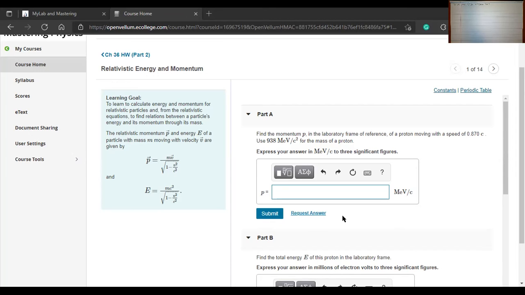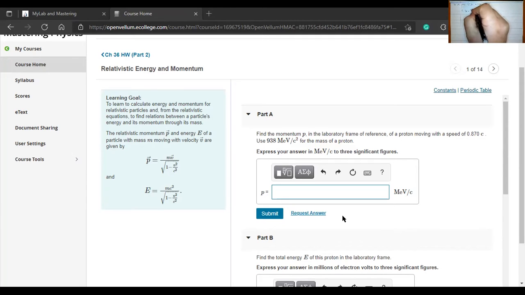So it says part A, find the momentum P in the laboratory frame of reference of a proton moving with a speed of 0.870 c. So part A, V proton is 0.870 c.